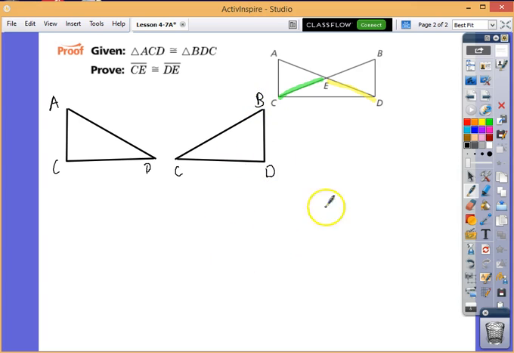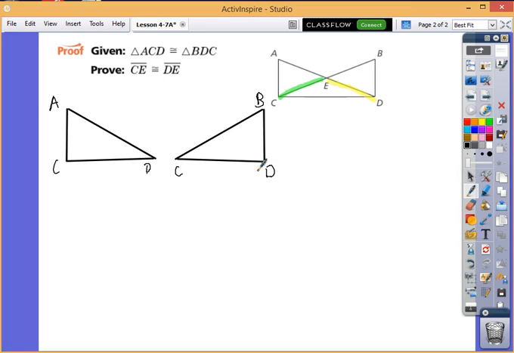All right. So how do I get these two lines to be congruent? One of the first things my eye sees, and I think this is because we've just been working with this in section 4.5, is that triangle CED would be an isosceles triangle if the green and the yellow line were congruent.